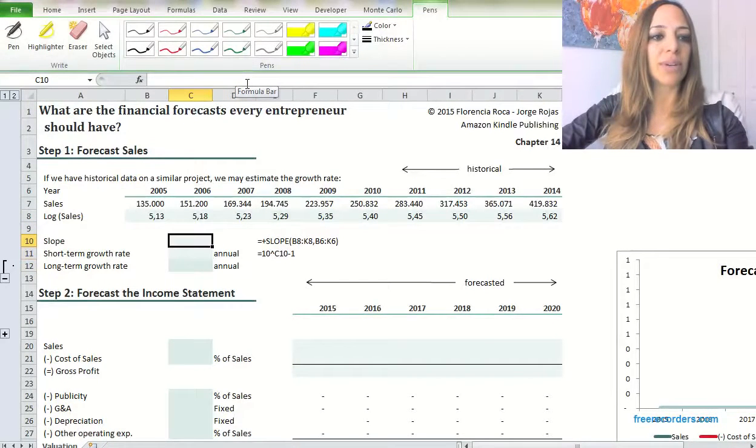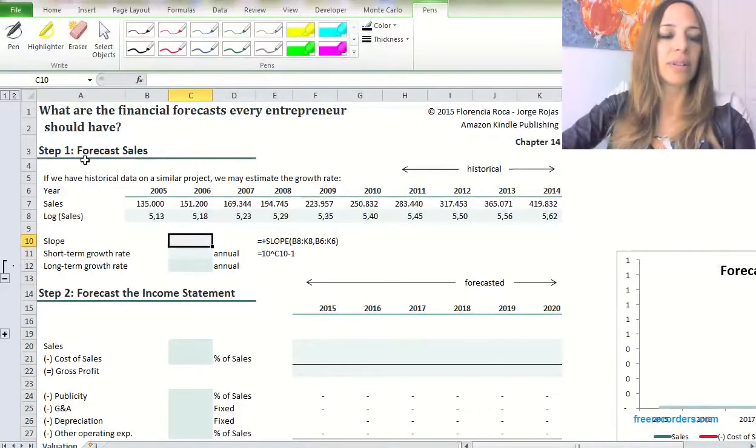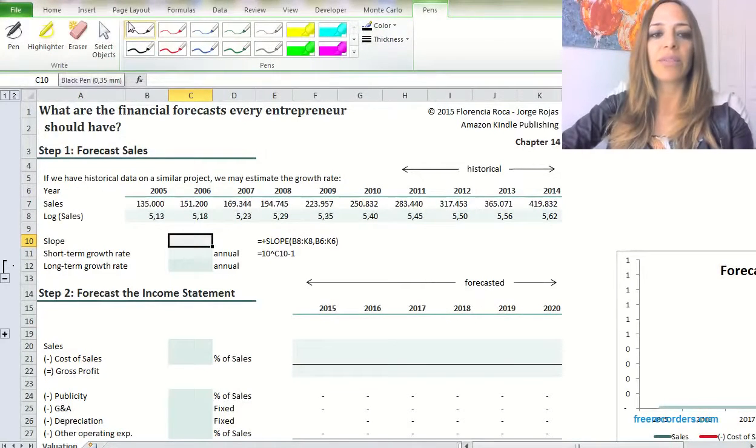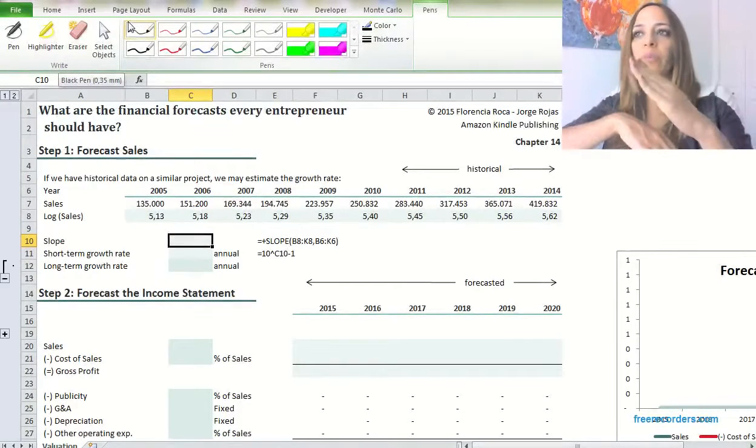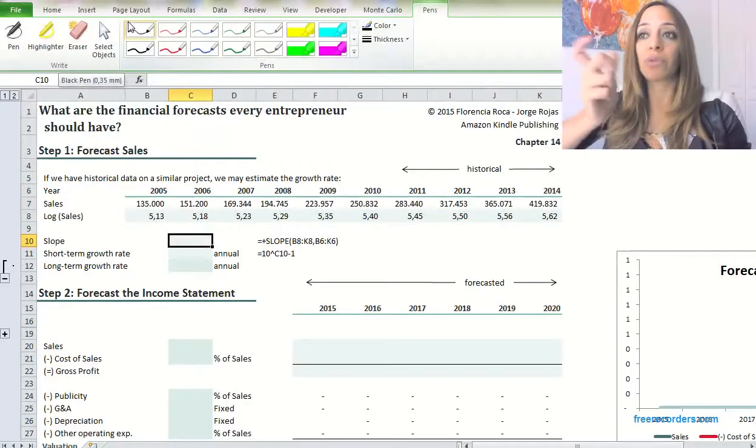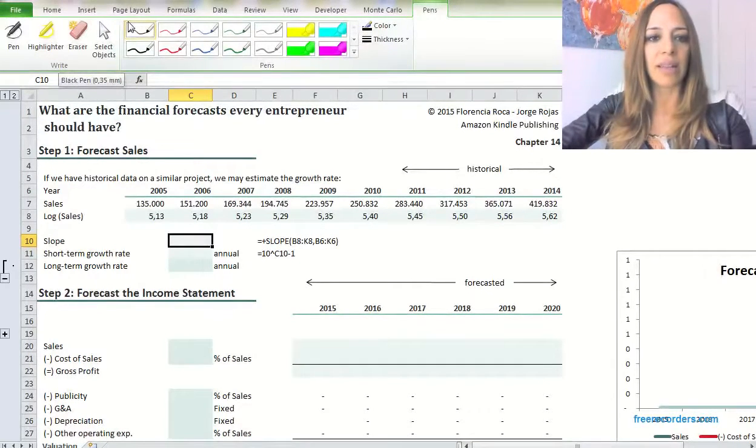Now, using a regression analysis, I will find the slope formula. Using a regression analysis, we'll see that the slope of the regression will give us an idea of the growth in this data.